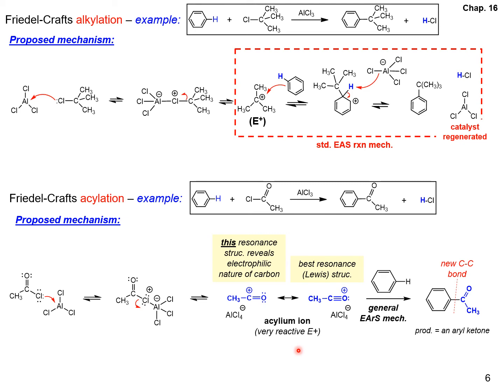It'll follow the standard electrophilic aromatic substitution mechanism, and you will have overall substituted this hydrogen for the two carbons here from the acylium ion. So overall, an electrophilic aromatic substitution, electrophilic aromatic acylation.